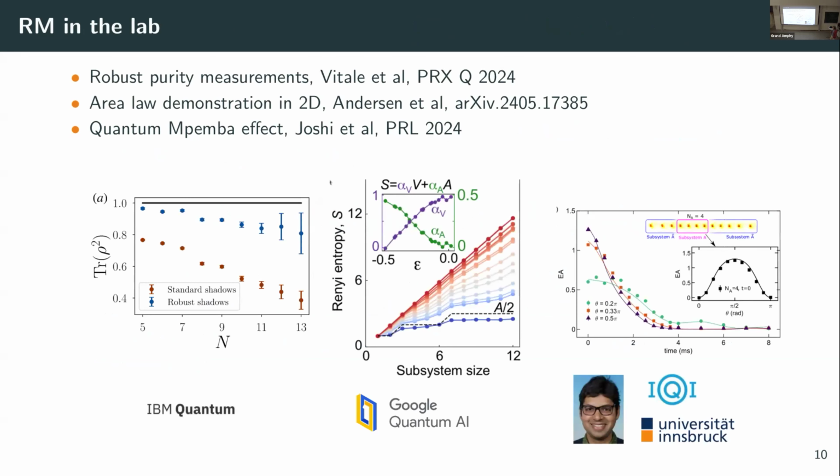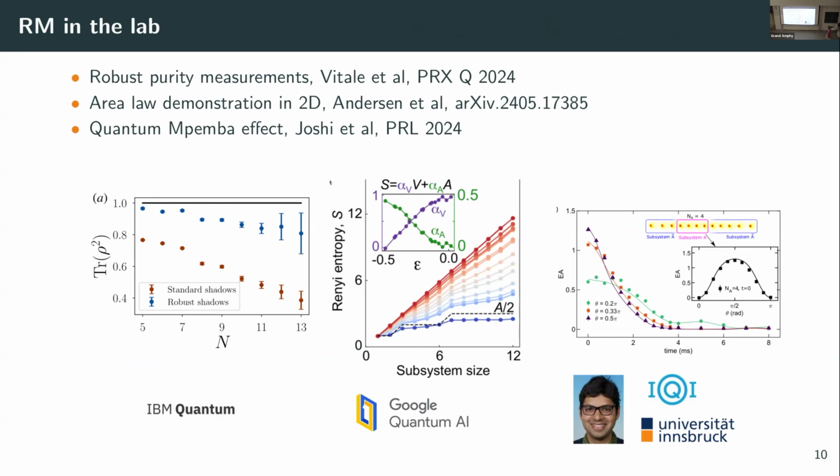So I give a few examples of experimental collaborations of this type of measurements, which were done recently. Here on the left, you have an example of this robust purity measurement, which I explained, where you have this calibration step and then you learn about the noise.